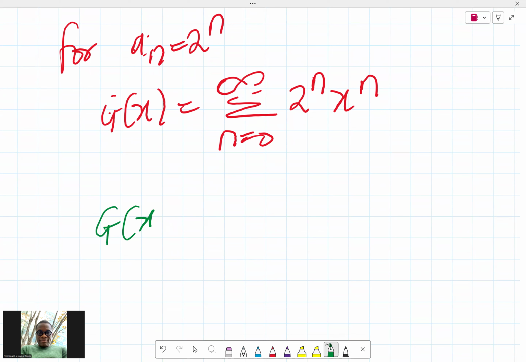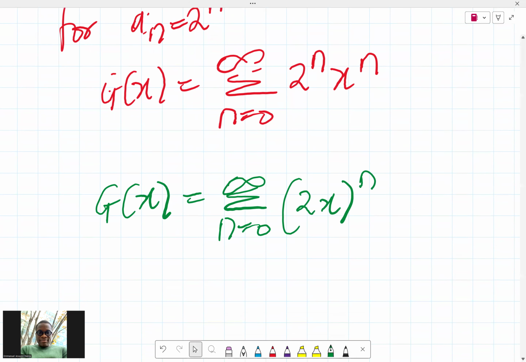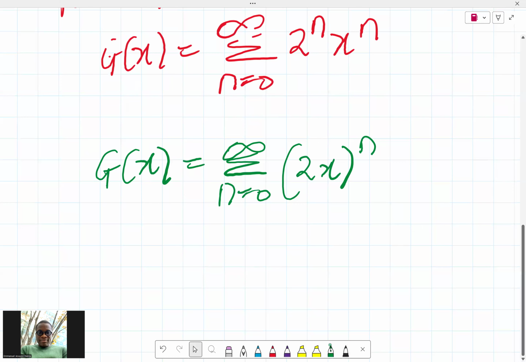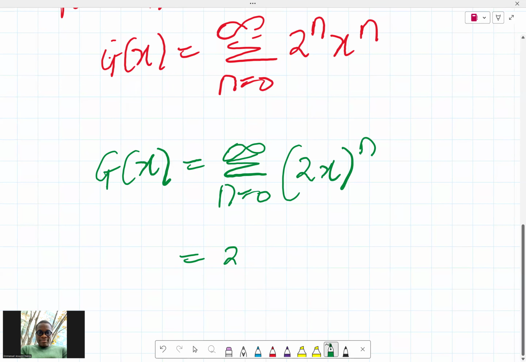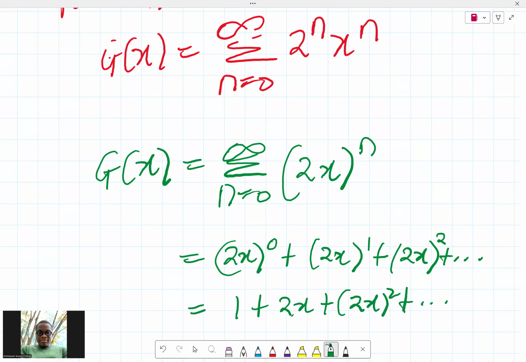Then we have G of x equals the summation from n equals 0 to infinity of (2x) raised to power n, because they have that power n in common. From what you can see already, this is (2x) raised to power 0 plus (2x) raised to power 1 plus (2x) raised to power 2, and that goes on. That's like 1 plus 2x plus (2x) squared, then (2x) cubed and the rest of them.